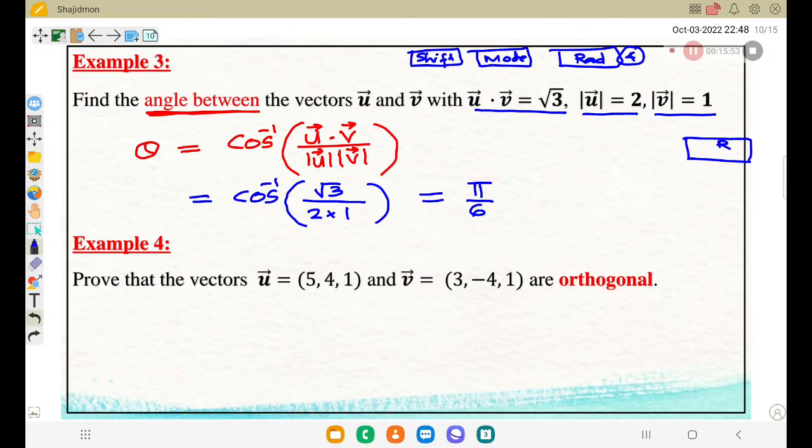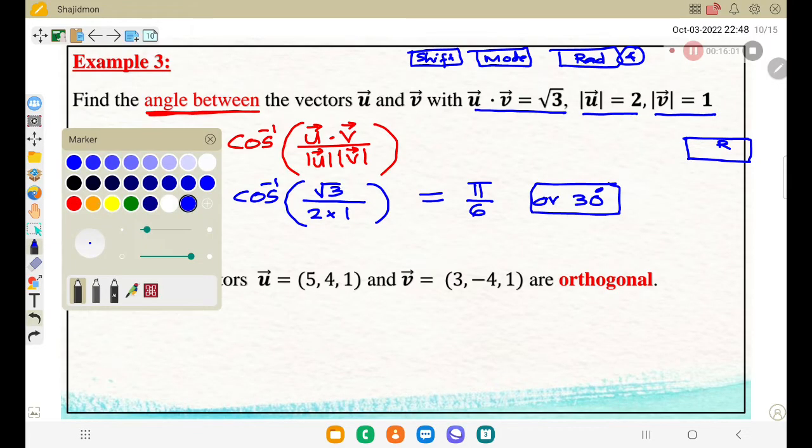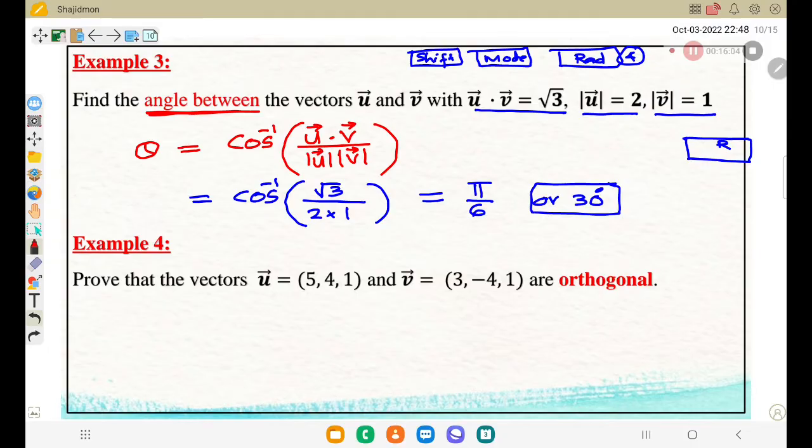If you are doing it in degree mode, you will get 30 degrees. Both are the same. Pi by 6, that is the angle between these two vectors. Hope you understood. Now example 4, prove that the vectors are orthogonal. Orthogonal or perpendicular. What is the meaning of orthogonal?